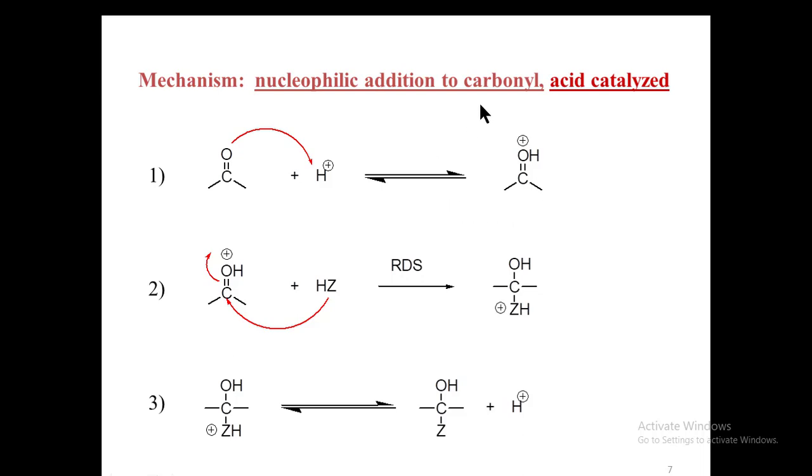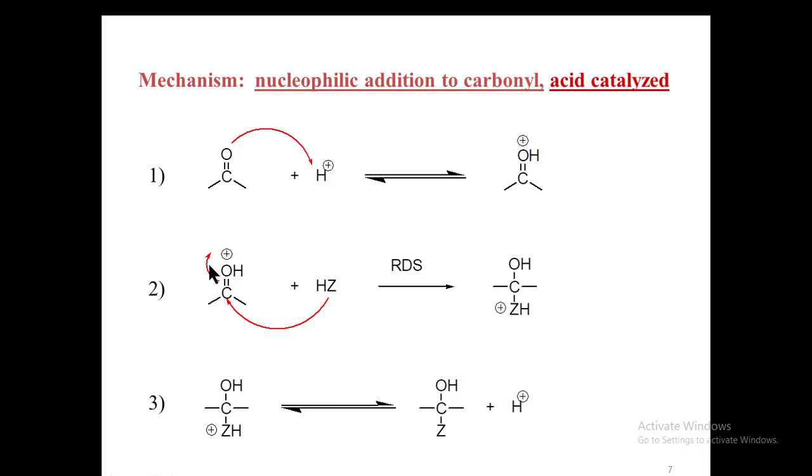Now, if nucleophilic addition to a carbonyl group occurs in acidic condition, how does it go? Look at this. Oxygen contains a lone pair of electrons. The lone pair is utilized to capture a proton, and thus OH positive is now present here, linked to carbon. In the next step, the nucleophile will come.